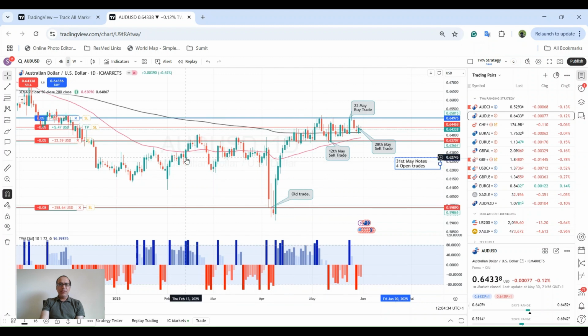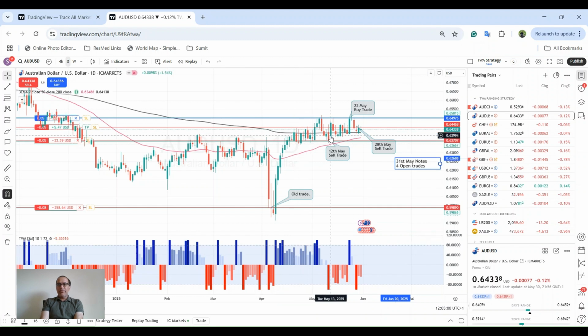A buy trade and then 2 sell trades, which is really because of the fact that the Aussie US dollar has been moving sideways. We did make some profits in the recent buy trade in the month of April also. So waiting for this pair to pick up a direction, right?